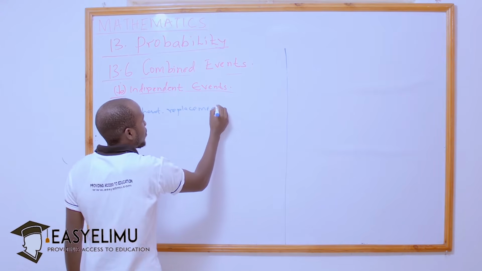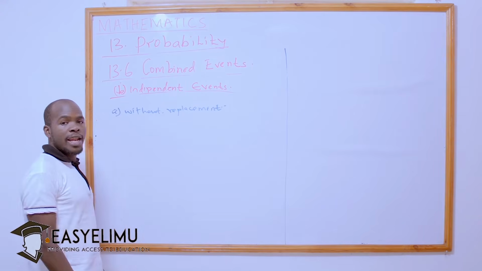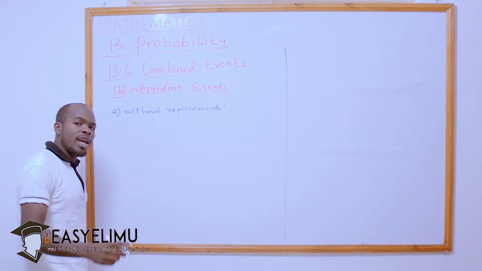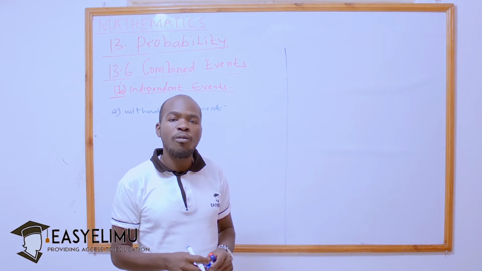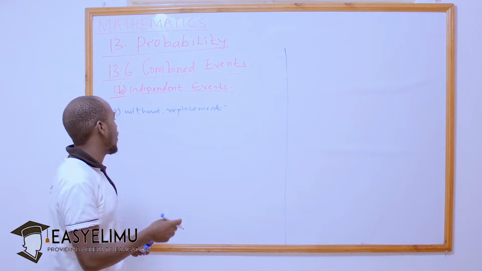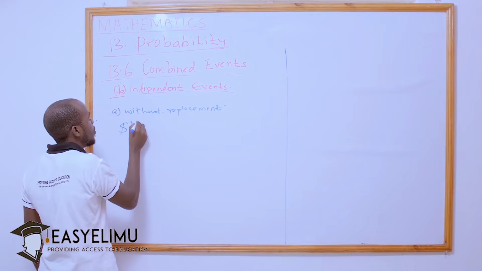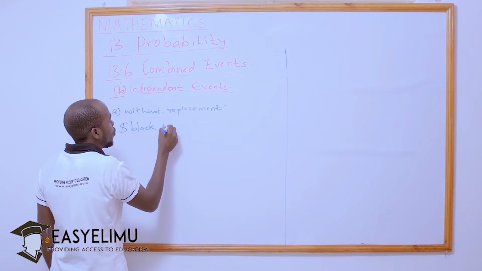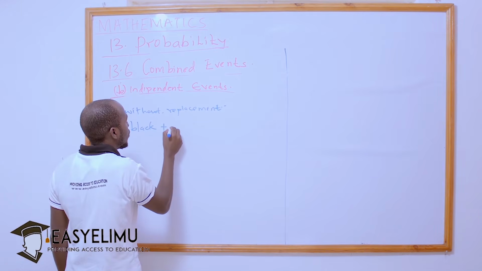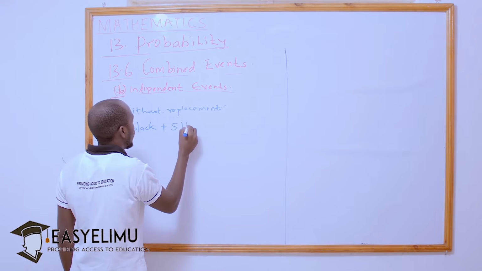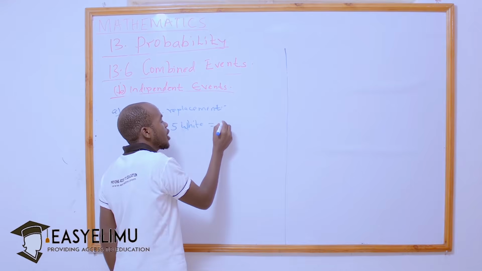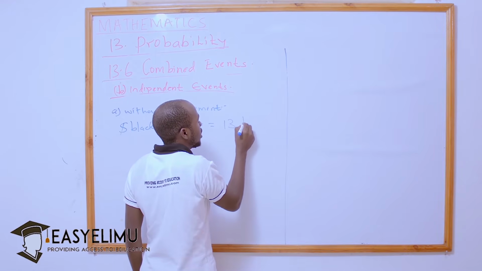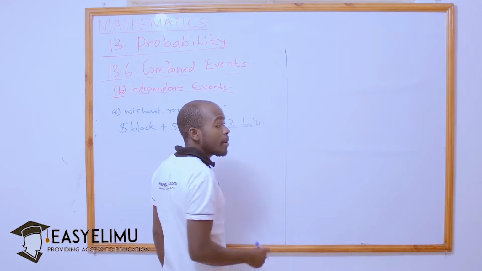Under without replacement, the first thing to note is to identify the total number of balls in that bag. We have 8 black balls and we also have 5 white balls. If we add them together, we find 13 balls present in the bag.